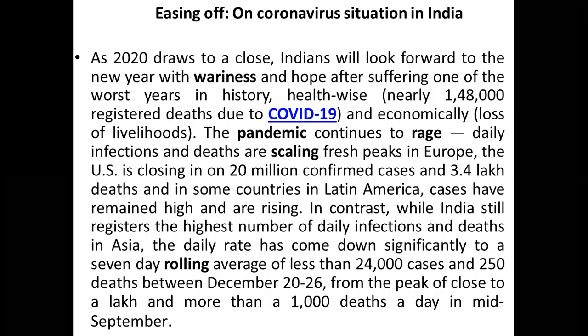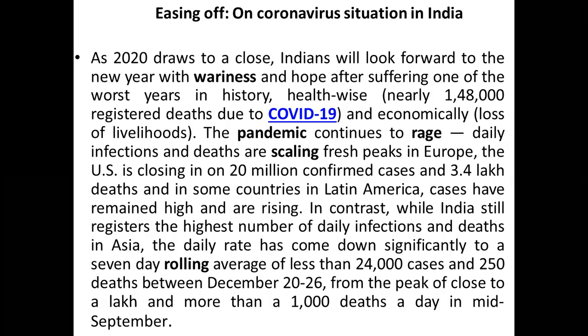Daily infections and deaths are scaling fresh peaks in Europe. The US is closing in on 20 million confirmed cases and 3.4 lakh deaths. And in some countries in Latin America, cases have remained high and are rising.